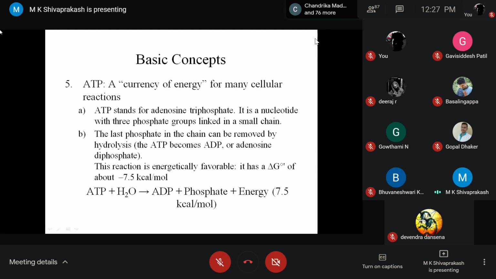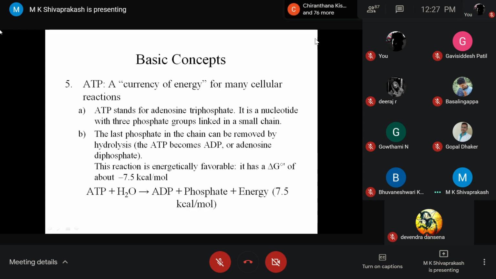Most of the time, conversions happen between ADP and ATP, and ATP back to ADP.